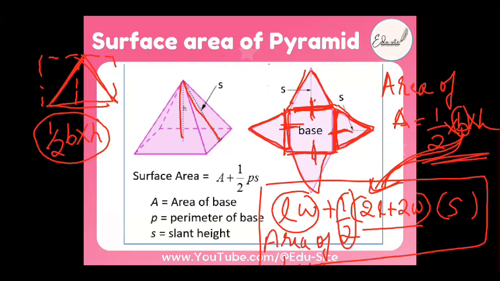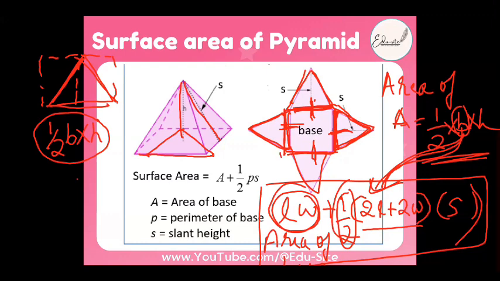Wait. Can you please write this down, Beta? So this is for every pyramid or triangle shape. If the pyramid changes to a triangle based pyramid, then this part, LW, changes. Everything else remains the same.